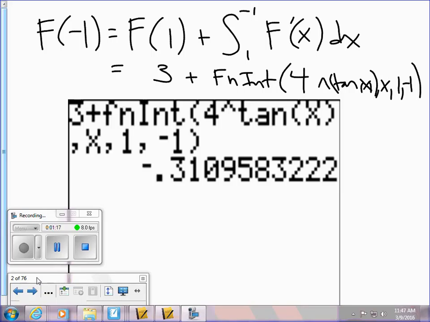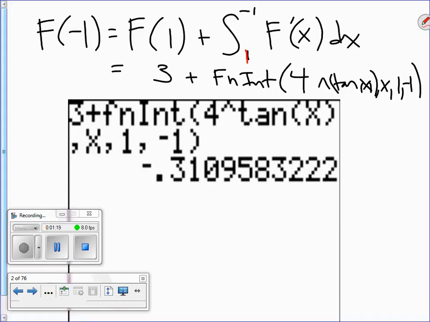The lower limit will always be, as long as you keep this plus, the same number as what's in here. Okay? And the upper limit will always be the x value over here. So yes, people that got -0.31.